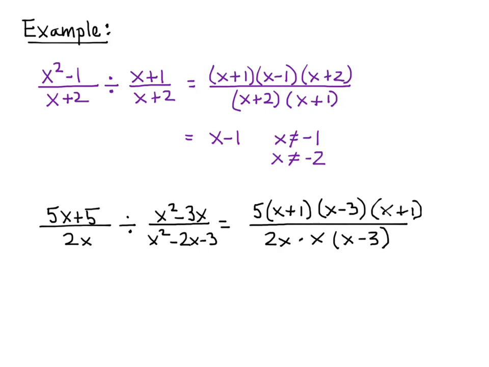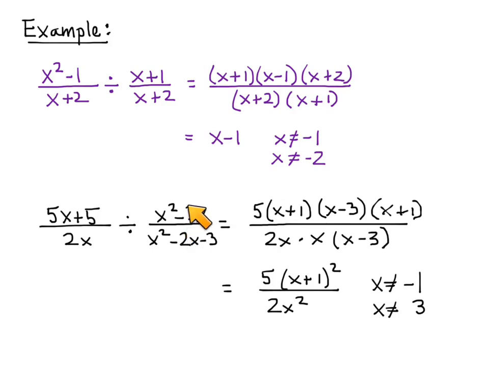All right, so now I can look around and see what can I cancel. And the x minus 3's cancel. And so I look at my original domain restrictions and see what's dropped out. Of course, x can't be 0. And so that takes care of this term of the numerator here.